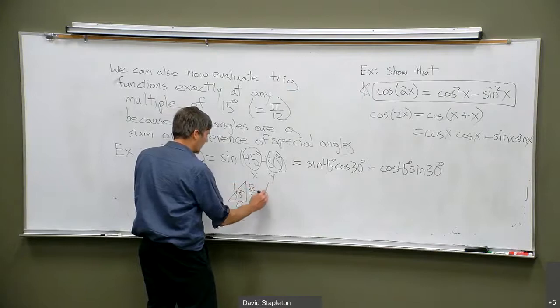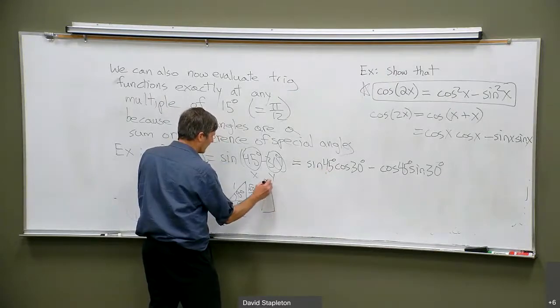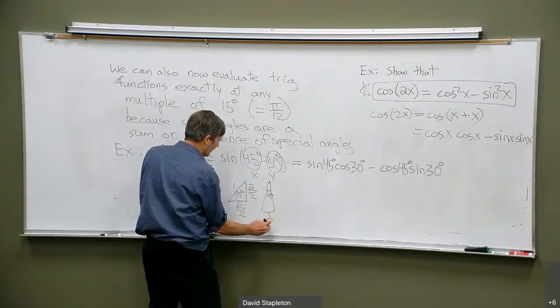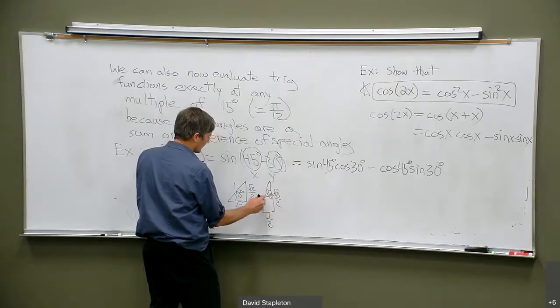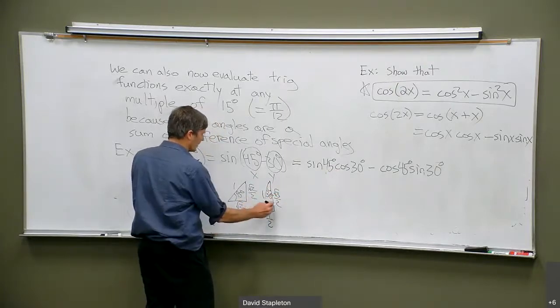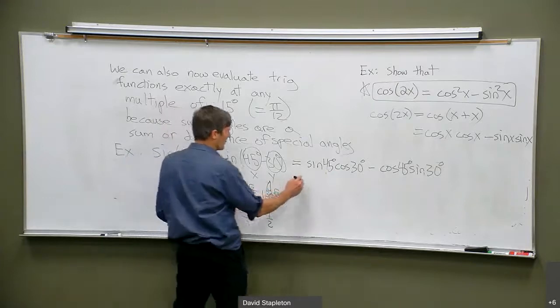And then the other triangle I have can take care of the 30 degree angle. If I put the 30 degree angle up here, let's say, I know that the short side goes opposite that, the square root of 3 over 2 goes opposite the larger angle, 60 degrees, and this side is 1. And there's the 30, 60, 90 triangle. I look at these, say sine of 45 degrees is this over this, is square root 2 over 2.